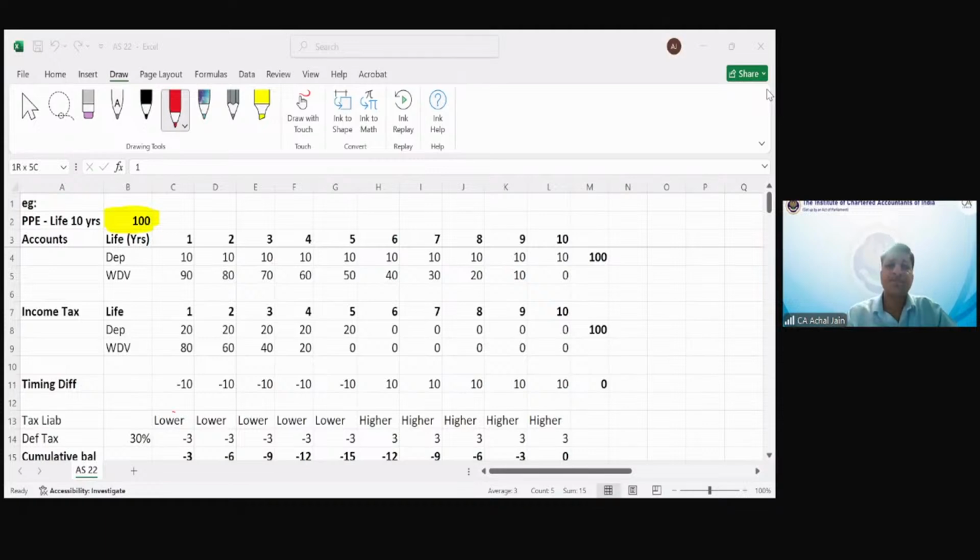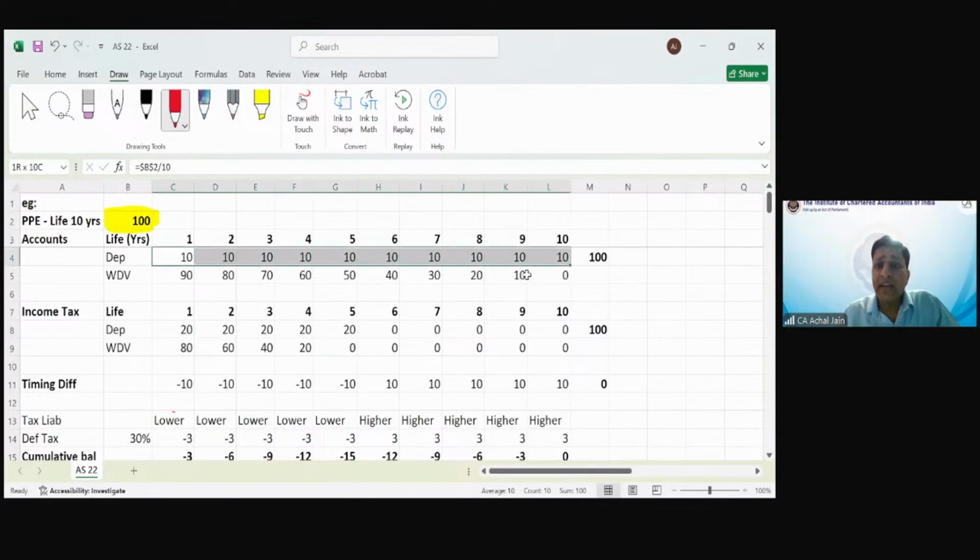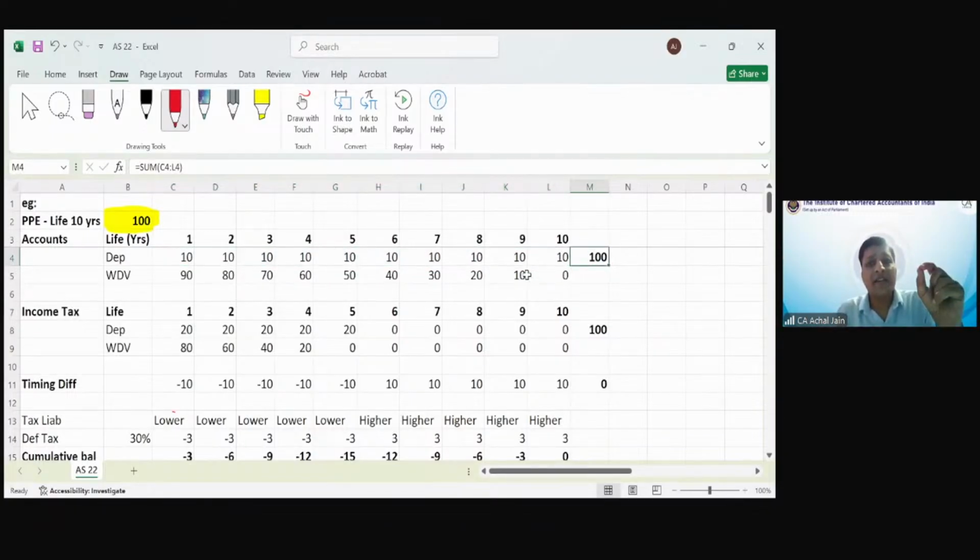Now, in the books of accounts I'm charging a depreciation of 10, but over a period of 10 years, what is the amount that I have charged as depreciation? 100. In income tax, even though I have considered a different depreciation rate, is my total depreciation amount different?